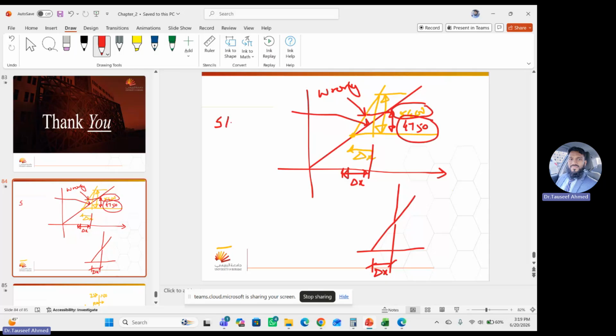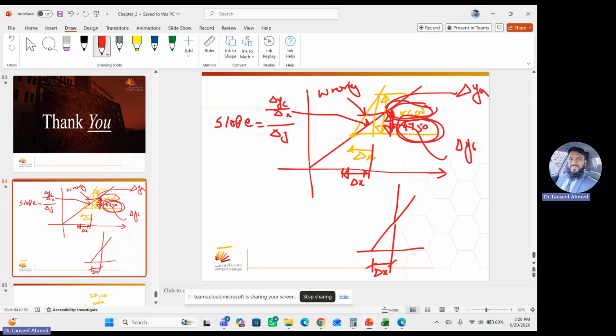So actually the slope will be equal to what? For the correct line, let's say delta y c divided by delta x. And for the wrong line, let's say delta y a. This value is delta y a, this orange color. And this value is delta y c, that is 4,750. This is 5,400. So here I will say delta y a divided by delta x.